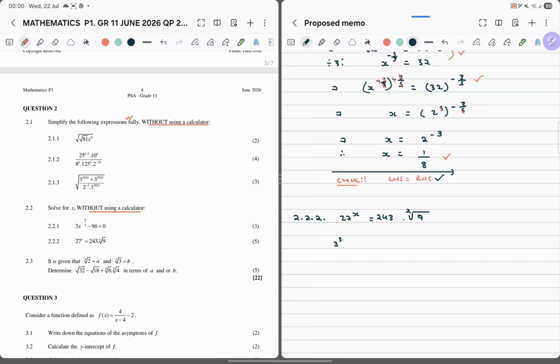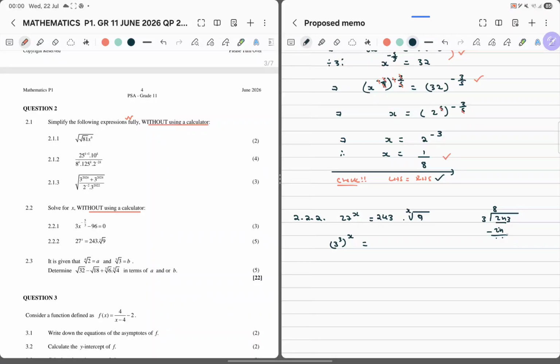So this is 3 cubed to the x is equal to 243. Let's see, I think it's 3 times 81. Let's check. 243 divided by 3: 24 is 8 times 3, that's 24.